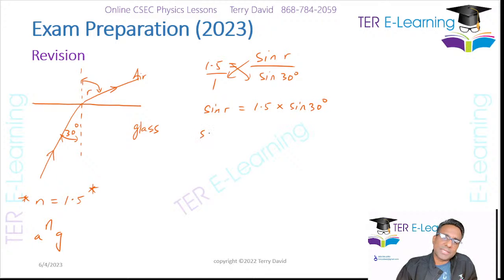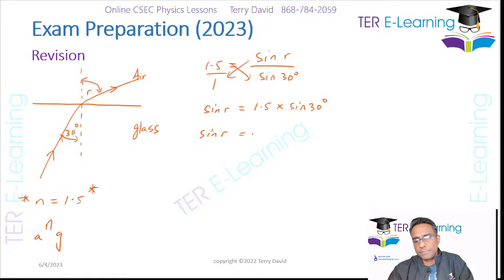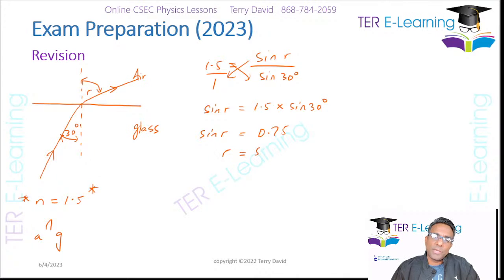Therefore sine r is equal to 0.75, so r is equal to arc sine 0.75.